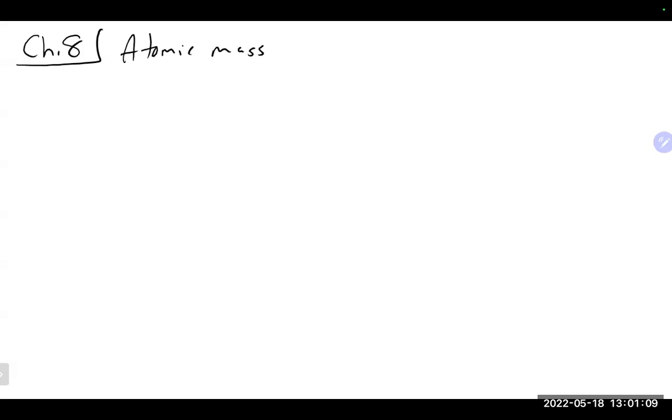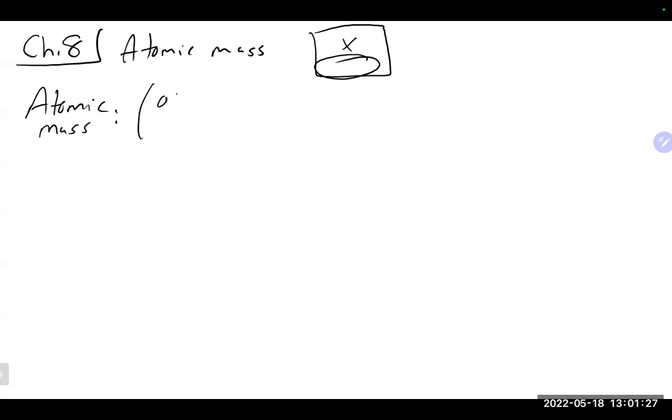And remember, chapter 8, atomic mass, we actually talked about how we calculate the number on the bottom there for atomic mass. And to calculate the atomic mass, which is really the average mass of all the naturally occurring isotopes, we take the percent abundance of isotope number 1 and times it by the atomic mass of isotope number 1.